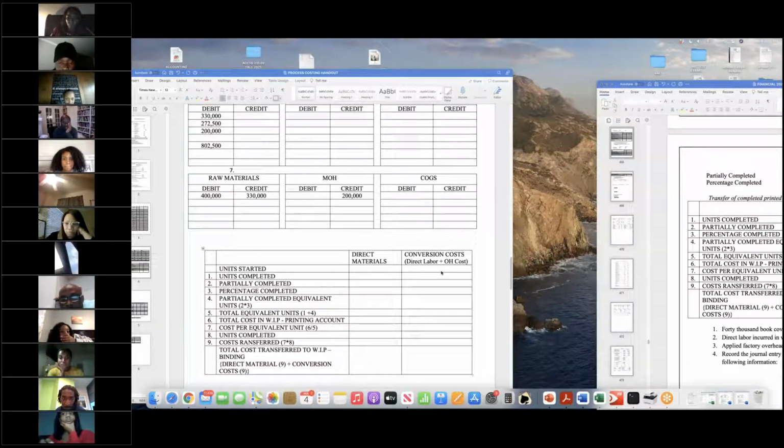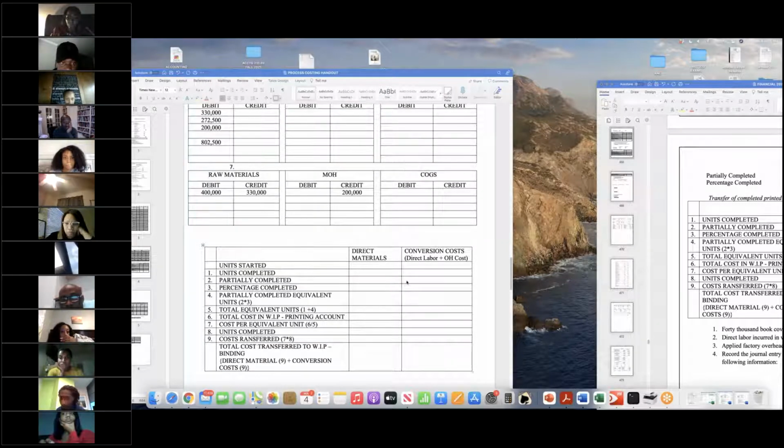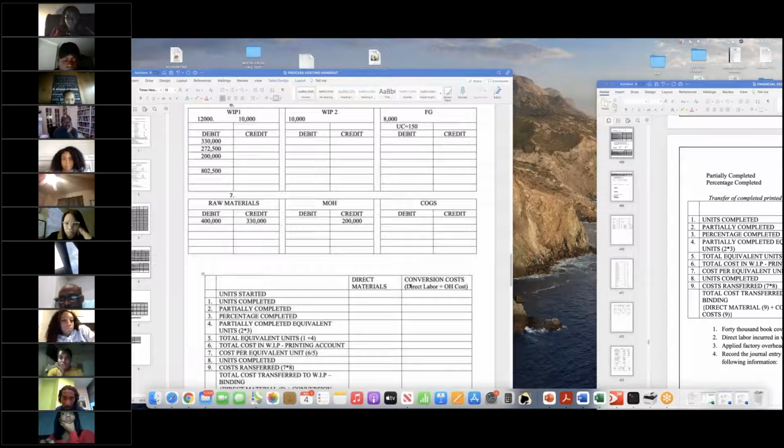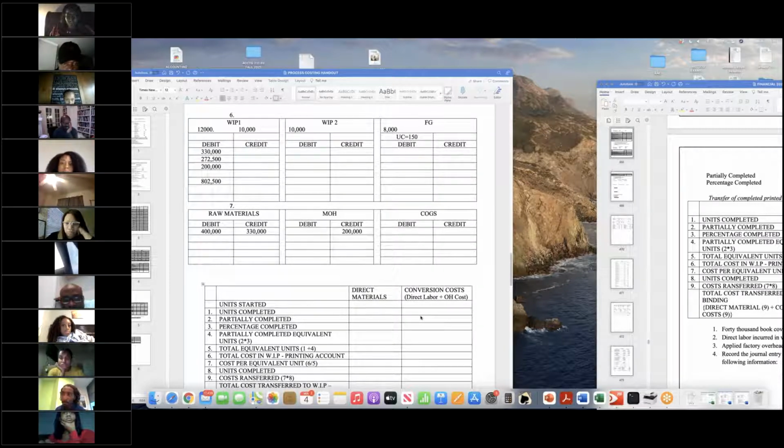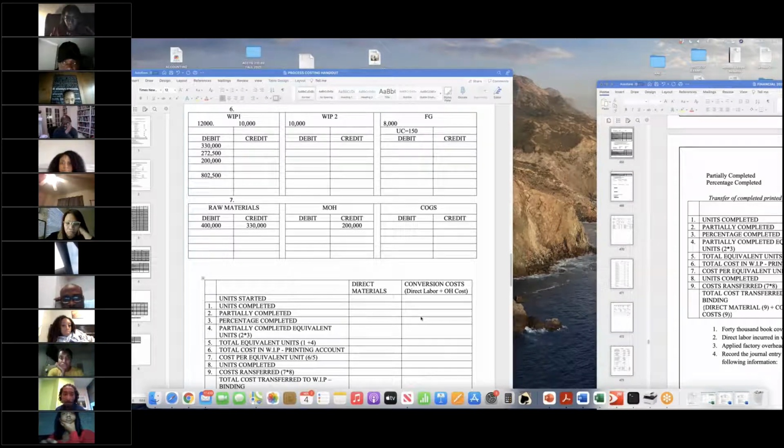So I want everybody to pull up this chart and put it right underneath the T account. Does everyone see this chart? You see it, Brittany? No, I don't. It's the first process costing thing.